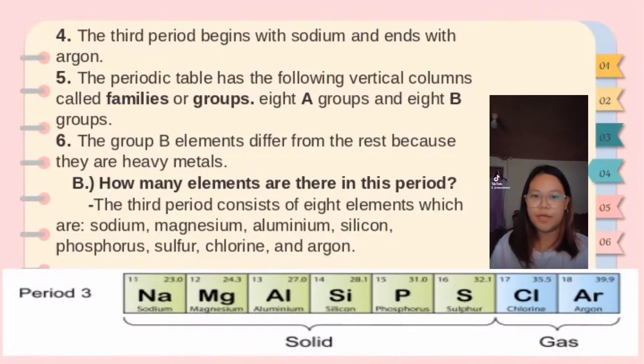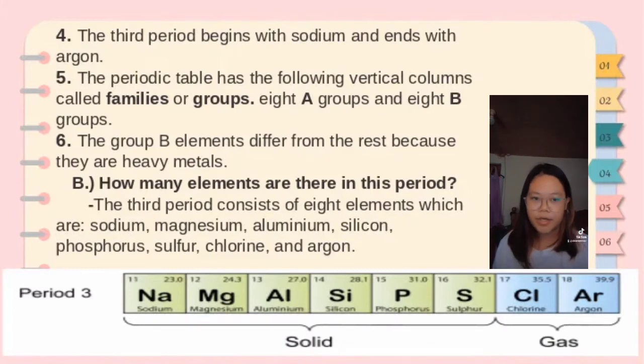Next, the third period begins with sodium and ends with argon. And the periodic table has vertical columns called families or groups: 8A groups and 8B groups. The group B elements differ from the rest because they are heavy metals. And the question, how many elements are there in this period?